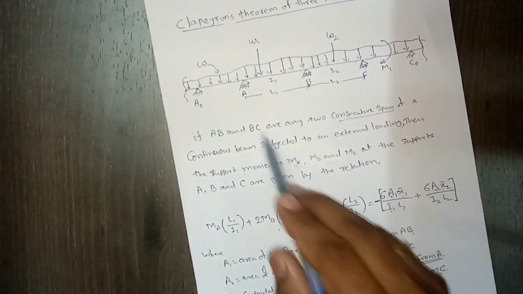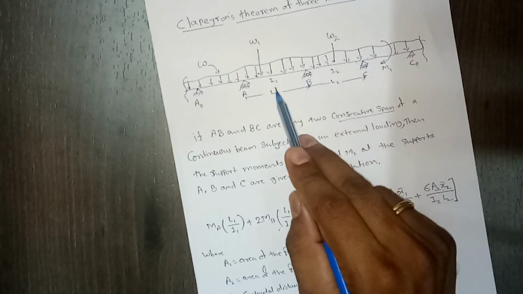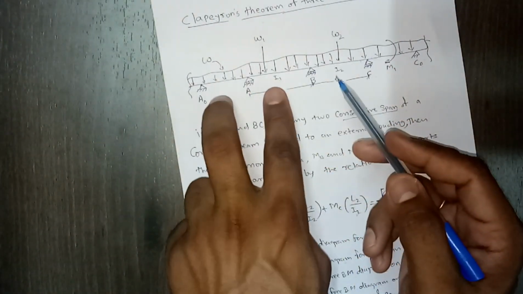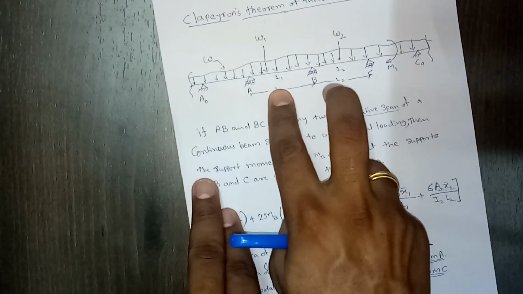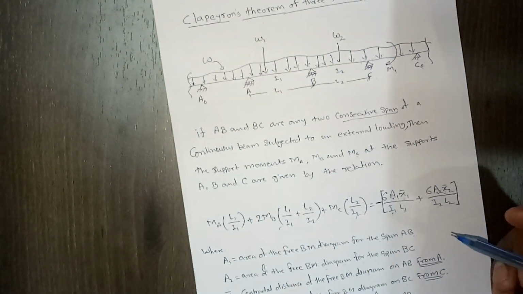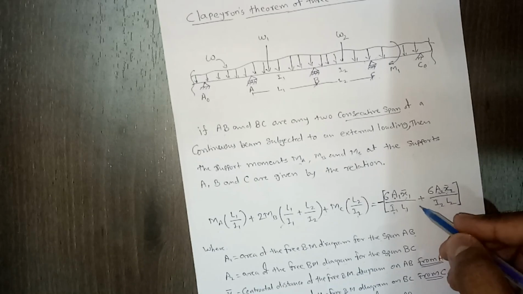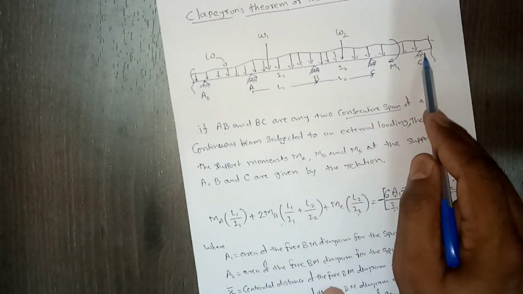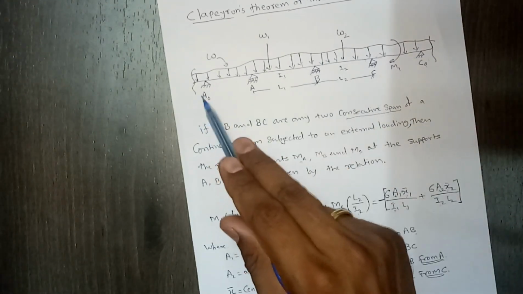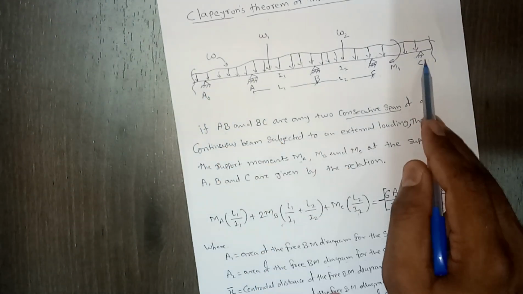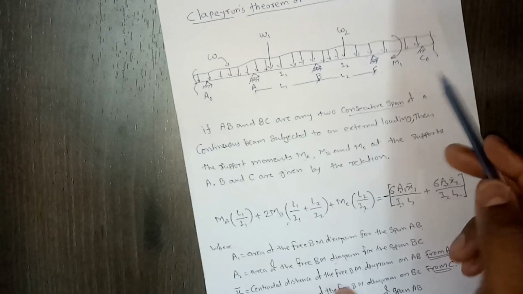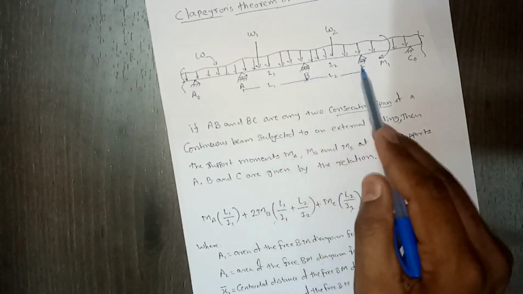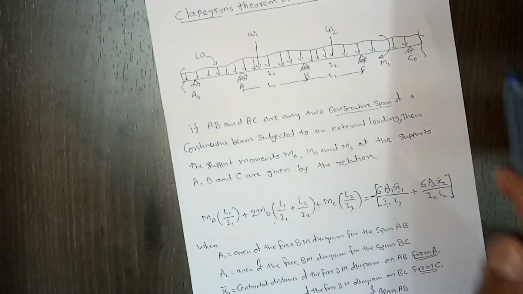The same equation can be written for the first two spans, the next two, and the last two, giving three equations. Using Clapeyron's theorem three times, you can solve for the three unknown moments at these three locations. We are assuming the end supports are simple supports, so the bending moment at those two locations will be 0, and the only unknowns are the moments at the three interior locations.